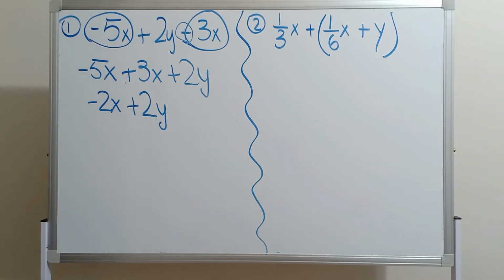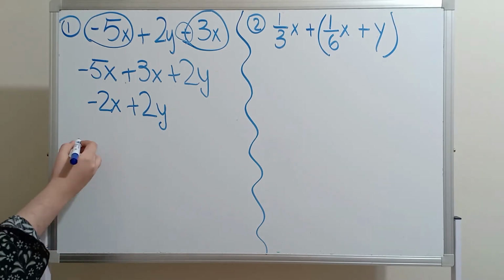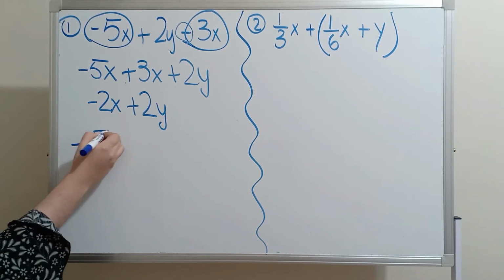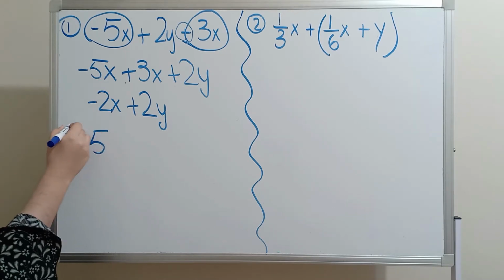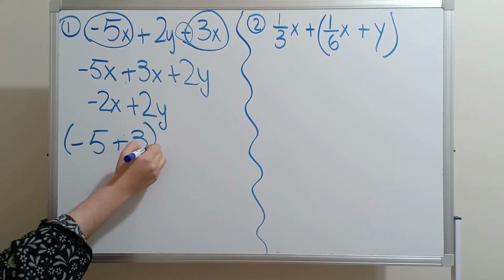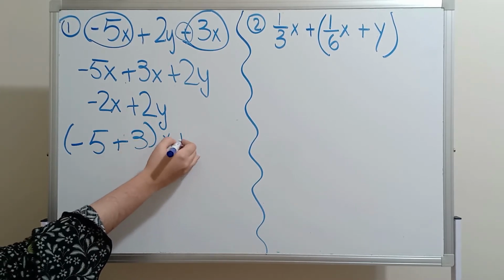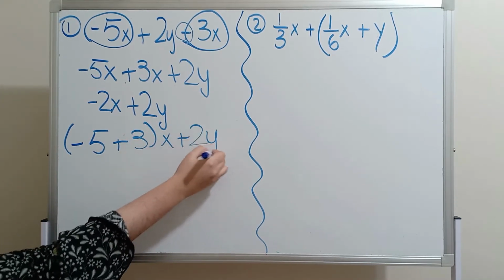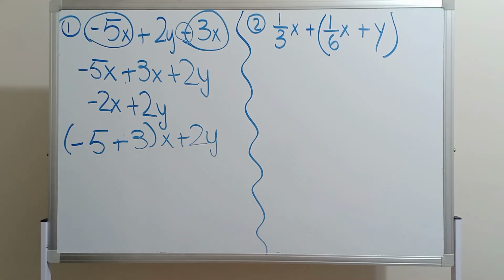Or we can get this same answer by using the distributive property. Let's try that. Negative 5 and we can put it into a bracket, plus 3, times x, plus 2y. You might wonder how you get that.